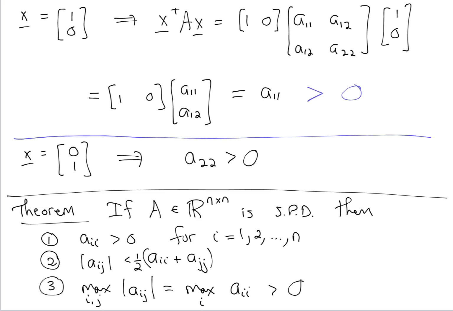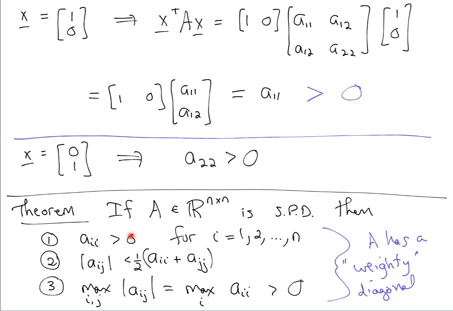The idea here, intuitively, is that these things tell us that A has what we often call a weighty diagonal. So if you think of the absolute values of the entries in the matrix as being something like mass, then you have the mass of the matrix concentrated on the main diagonal.